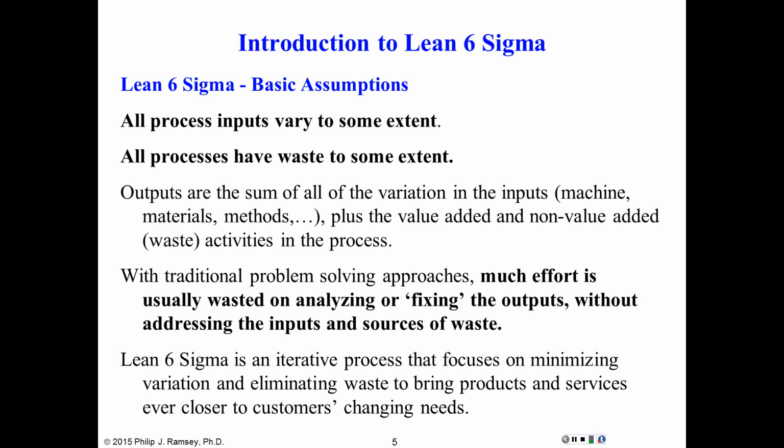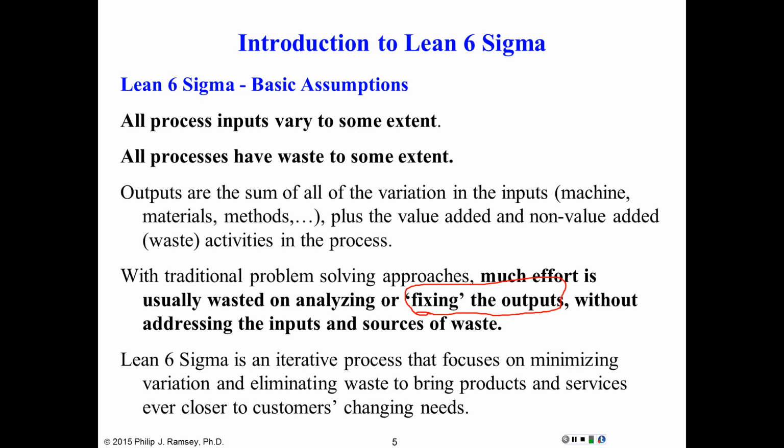And something that's important, and this is where Six Sigma is different than a lot of efforts that people do to improve processes and quality, basically most people focus on the outputs. They want to fix the outputs. They see the product quality isn't very good, the service isn't very good. So instead of trying to go back and figure out what's causing the poor quality or poor service, they think backwards. They think, oh, we got to do something to fix the outputs.